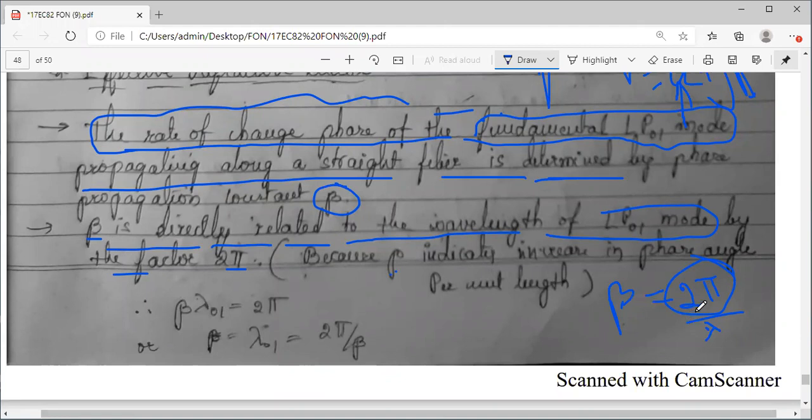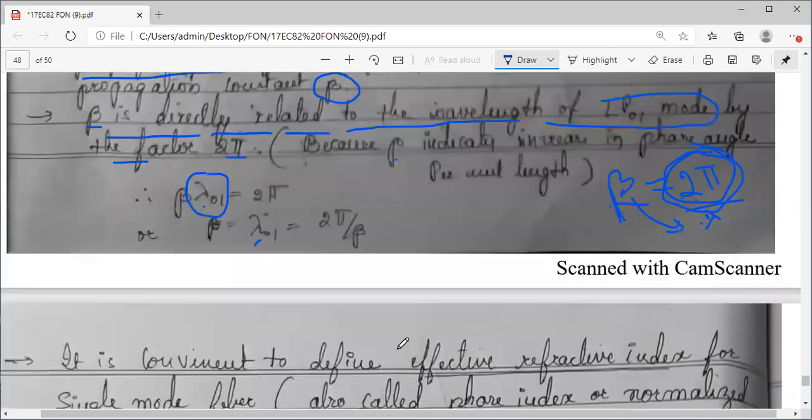So you can write 2 pi is equal to beta into lambda. For the LP01 mode, the wavelength will be lambda 01. So beta into lambda 01 is equal to 2 pi, or lambda 01 is equal to 2 pi by beta.